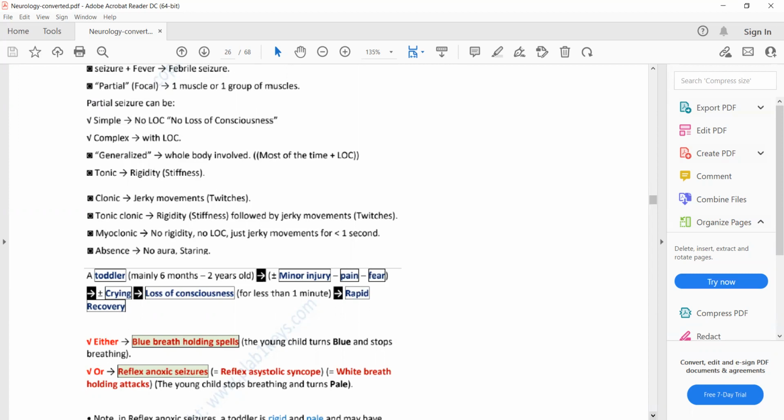A baby will start crying, and due to excessive crying, proper oxygenation of the blood does not occur, oxygen supply to the brain is reduced, and the child loses consciousness. These are blue breath holding spells.